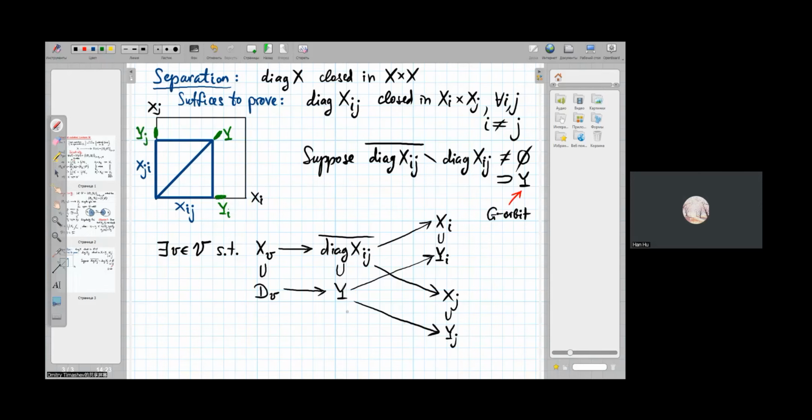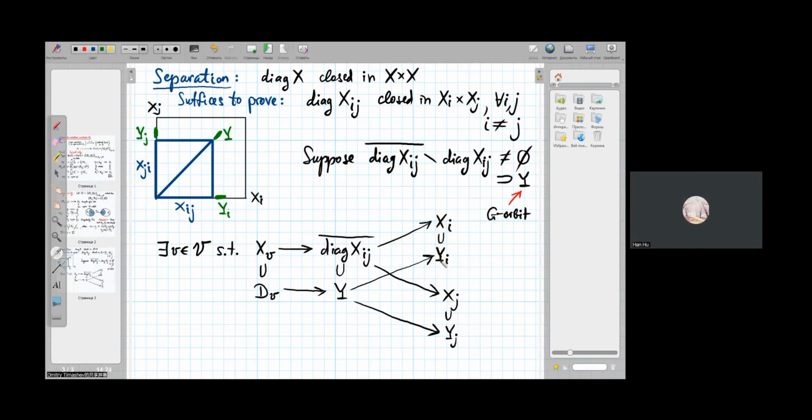We may even assume that these orbits Yi and Yj are closed in Xi and Xj respectively, because otherwise we can just replace Xi and Xj by a smaller simple open subvariety. We can take only those orbits in Xi which contain Yi in their closure.